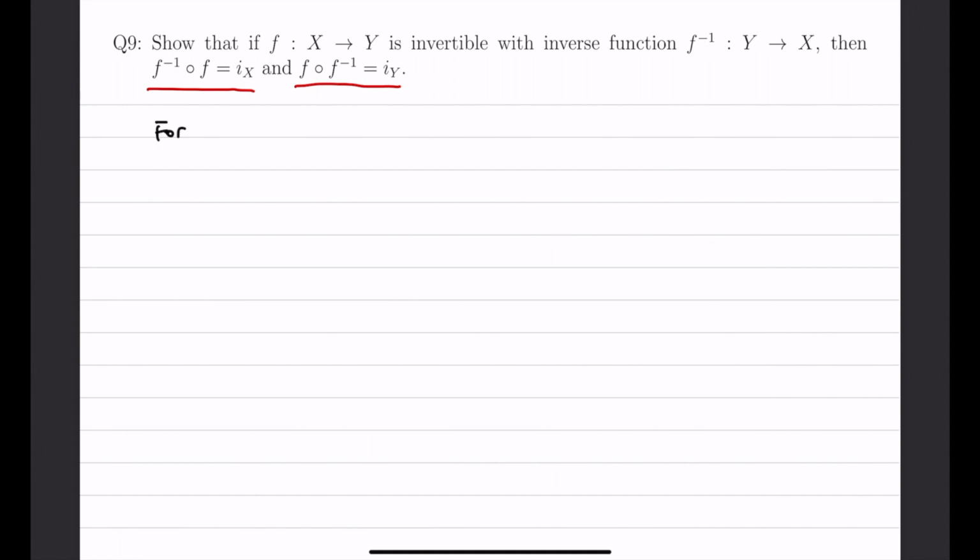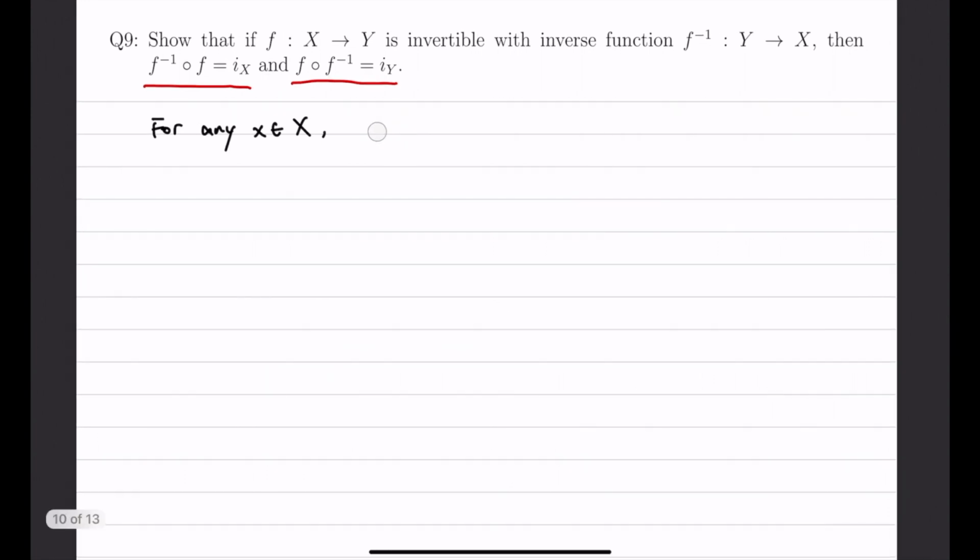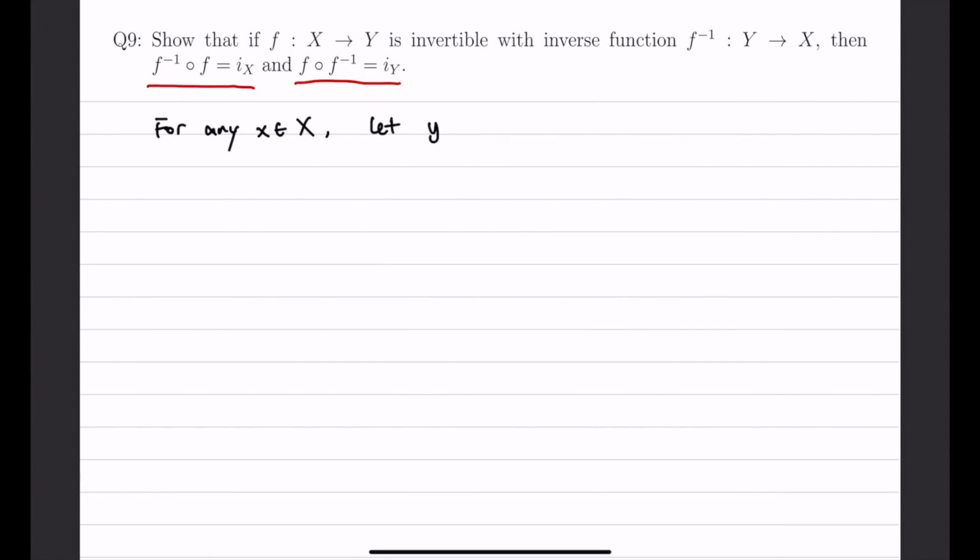So for any x in the domain of the original function, X, we can let y be equal to f of x. So y is the image of x under function f. And then, due to the property of the inverse function, we have f inverse of y is equal to x.